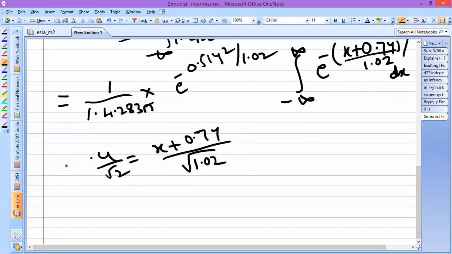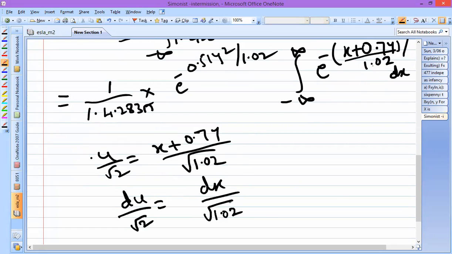Now taking the differentiation on both sides with respect to x, on the LHS you will be getting du by root 2, which is equal to dx by root of 1.02. Here 0.7y, the differentiation of y with respect to x will be 0, so this entire term will be gone.